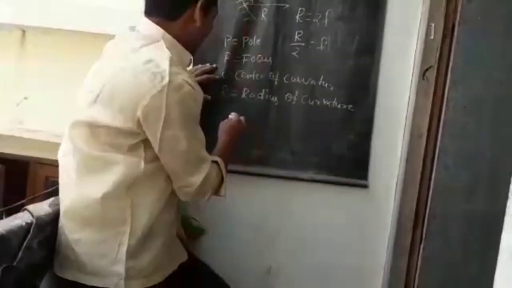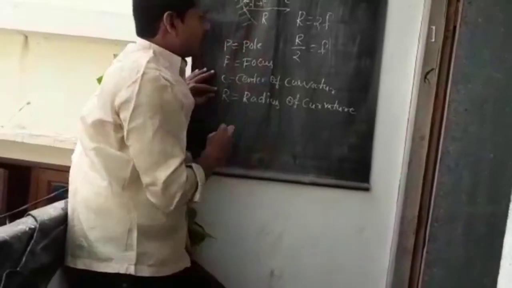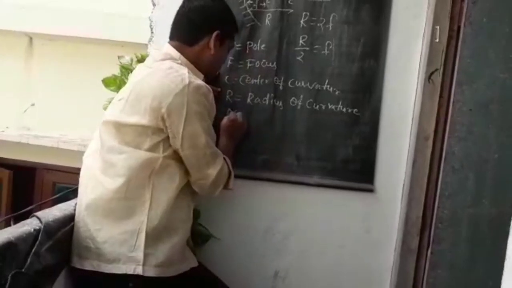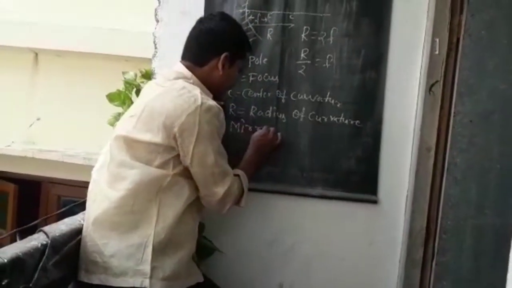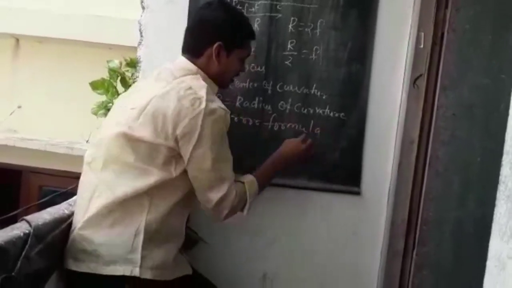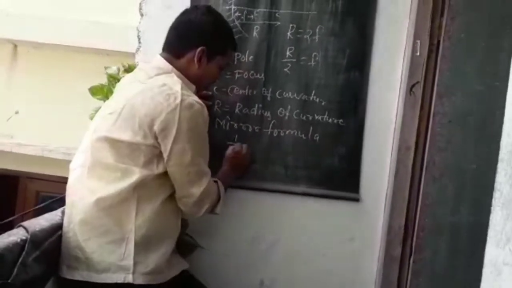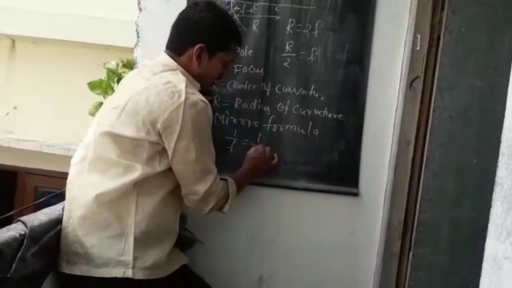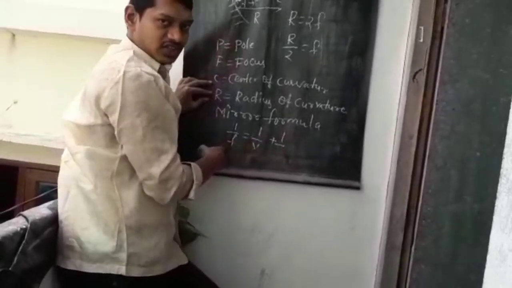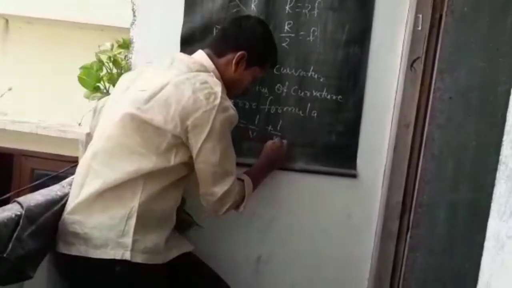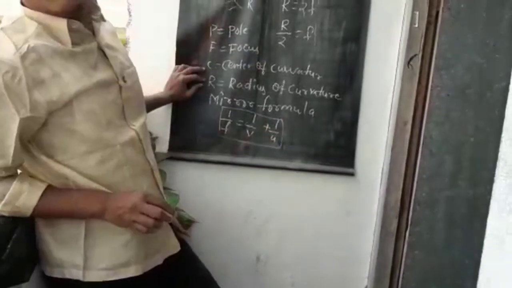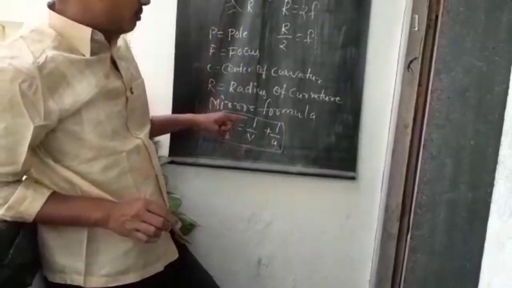In this chapter we can also do problems by using the mirror formula. It is very important. Mirror formula: 1 by f is equal to 1 by v plus 1 by u.